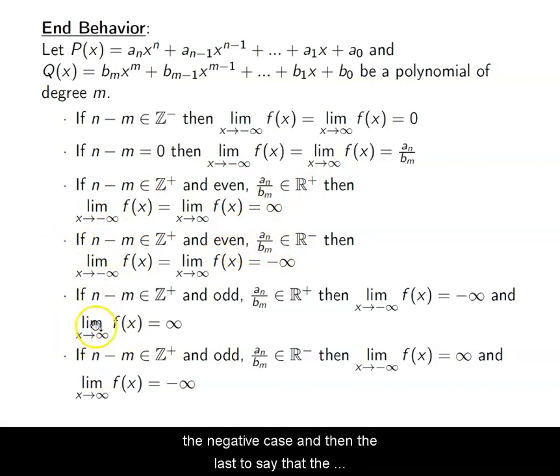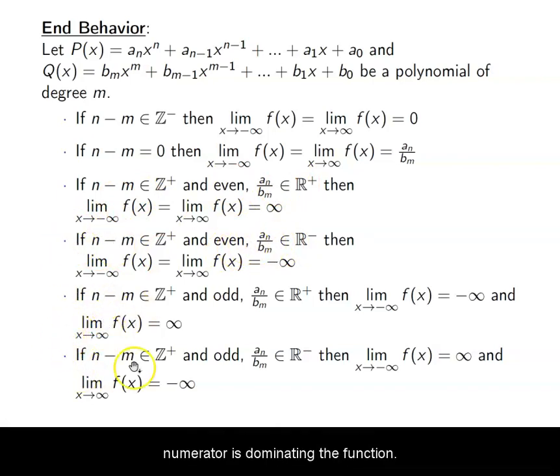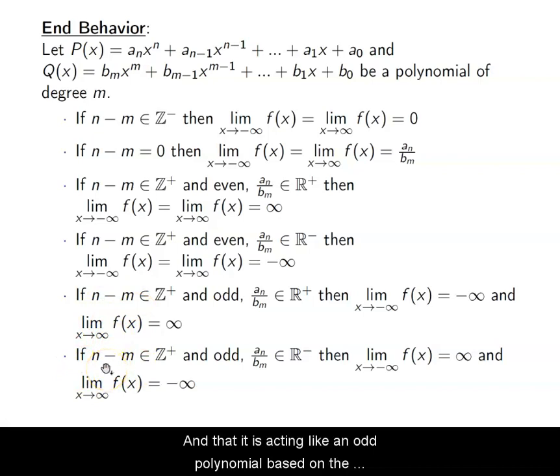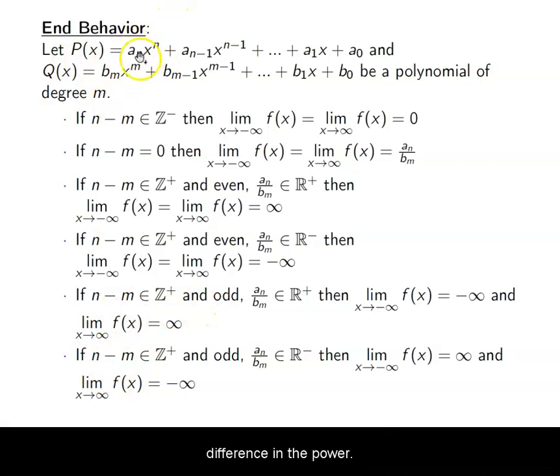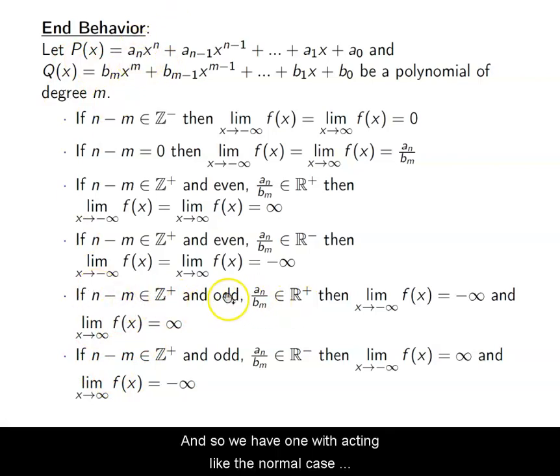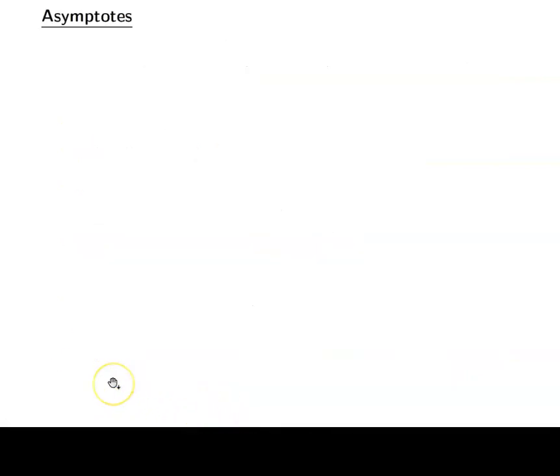And then the last two say that the numerator is dominating the function and that it is acting like an odd polynomial based on the difference in the powers. And so we have one where it's acting like the normal case, increasing overall, starting from the negative direction heading to positive. And then this is that it is starting in the positive direction and heading towards negative. So overall, it's decreasing. Okay.